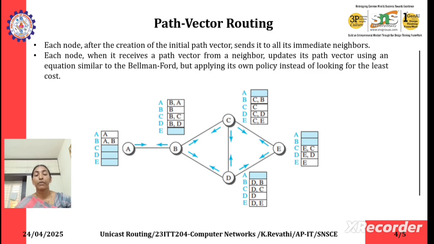Here is the example for path vector routing. Here each node, after the creation of the initial path vector, sends it to all its immediate neighbors. When each node receives a path vector from a neighbor, it updates its path using an equation similar to the Bellman-Ford algorithm. Bellman-Ford algorithm is nothing but selecting a least cost path from its neighbors.